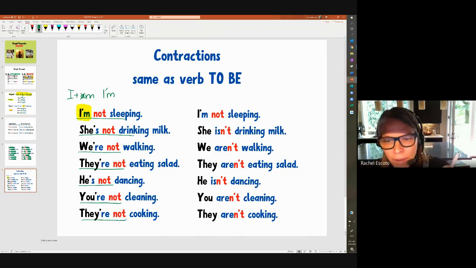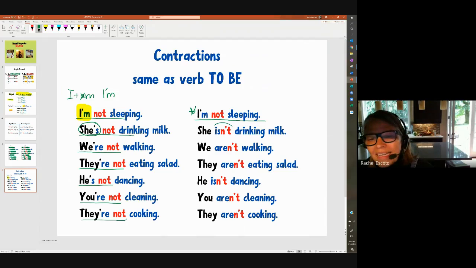Okay? The other way to make the contraction is to contract with the negative. In to be, we can't change it. I mean, in I, we can't change it. We don't say I amn't. We only say I'm not. But here, instead of contracting the she and the is, we're contracting the is and the not. Is plus not.